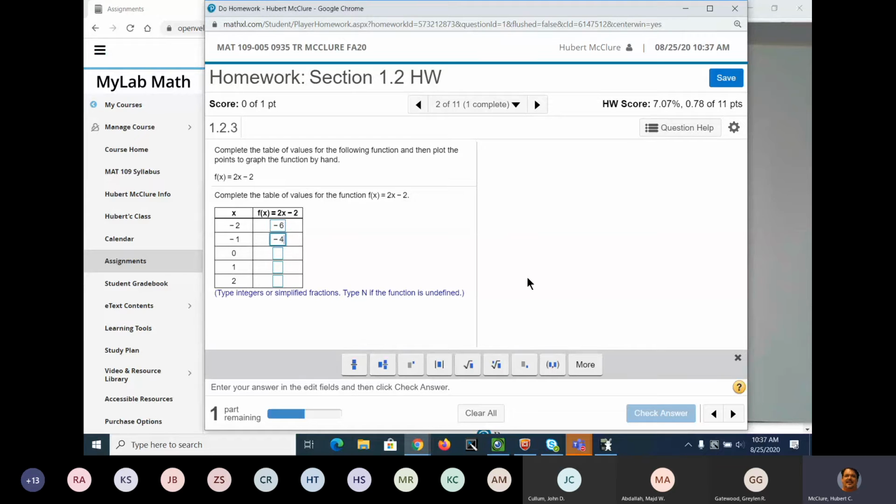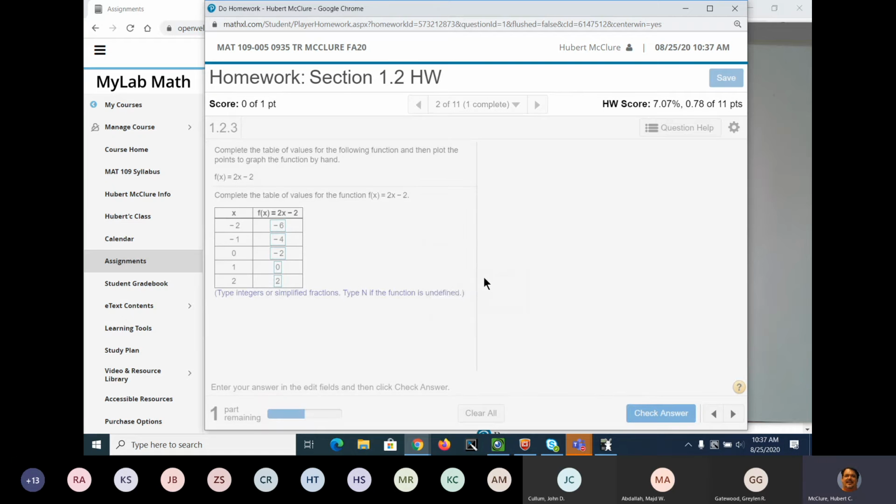Y'all check my algebra, check my math. 0 is -2. Looks like we can count now. -6, -4, -2 should be 0. And what is 4 minus 2? It should be 2.